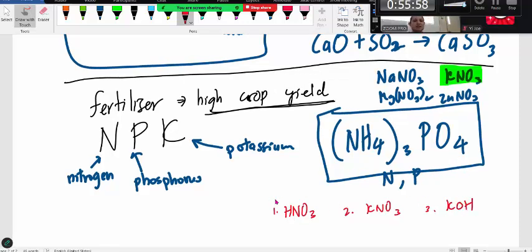Which one can you use? You must use this. Why can you not use these two? Because they're acid and alkaline, you will kill the soil. Understand or not? So it has to be neutral, it has to be a salt, and it has to have NPK. Okay? That's all for today.